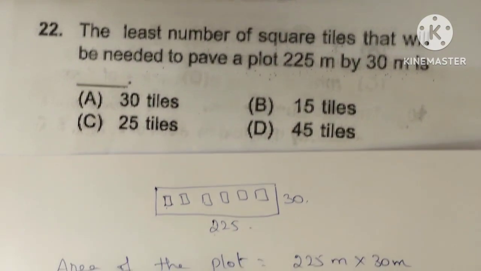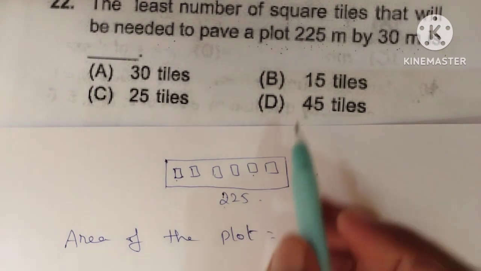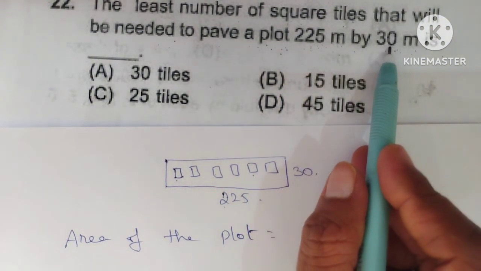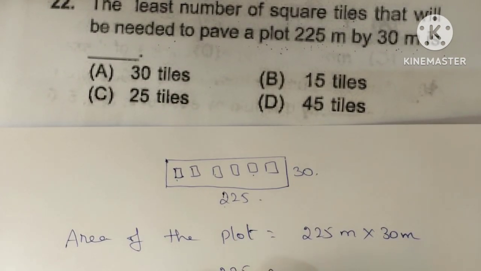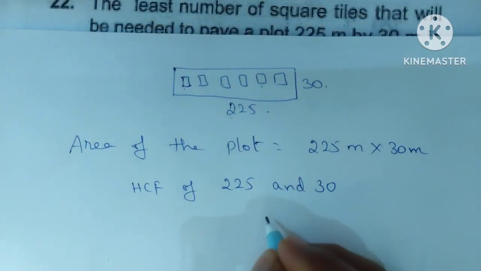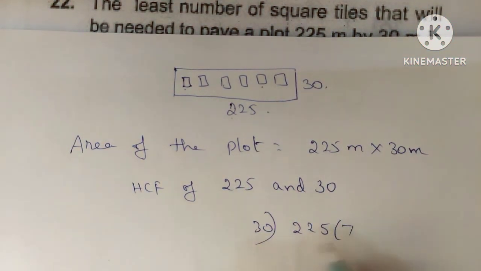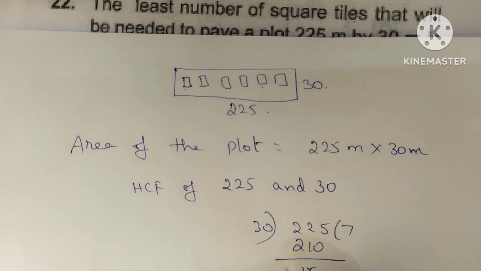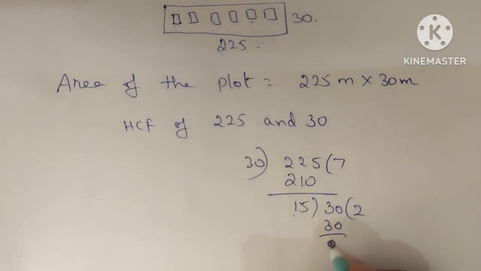Here first, maximum size of square tiles means we have to find the HCF of these two. So HCF of 225 and 30. 7s are 210. So 15 left. Again this 30 is divided by 15. 15 2s are 30.